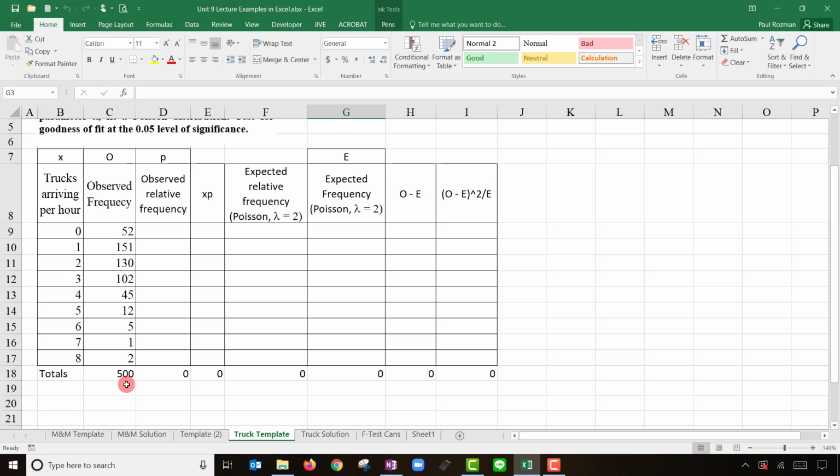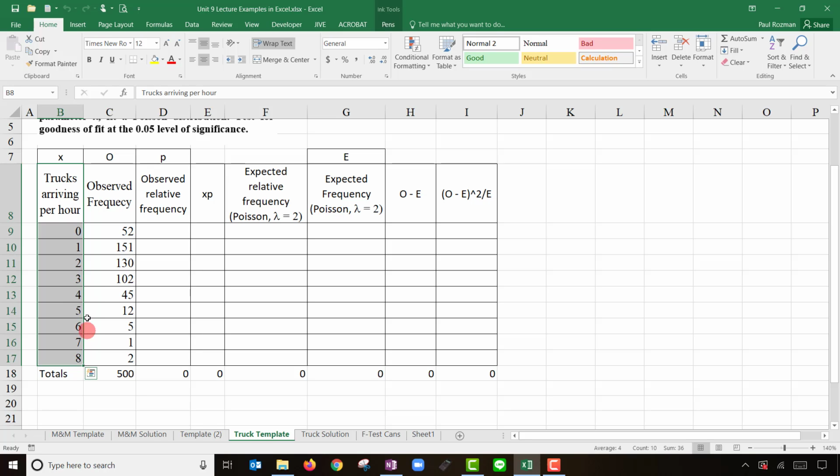In order to find the average, we could just take the average of 0 to 8 and go, well, I guess it's 4. But that wouldn't be correct because you can see it's weighted. We're most likely to have 1 or 2 trucks, and we're very unlikely to have 7 or 8. So we can't just say the average number of trucks arriving is 4.